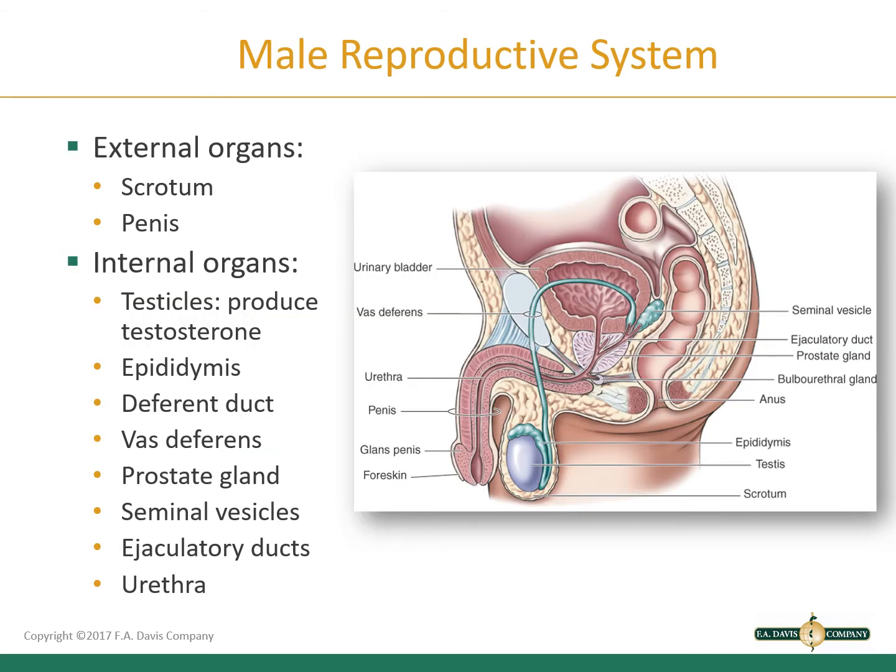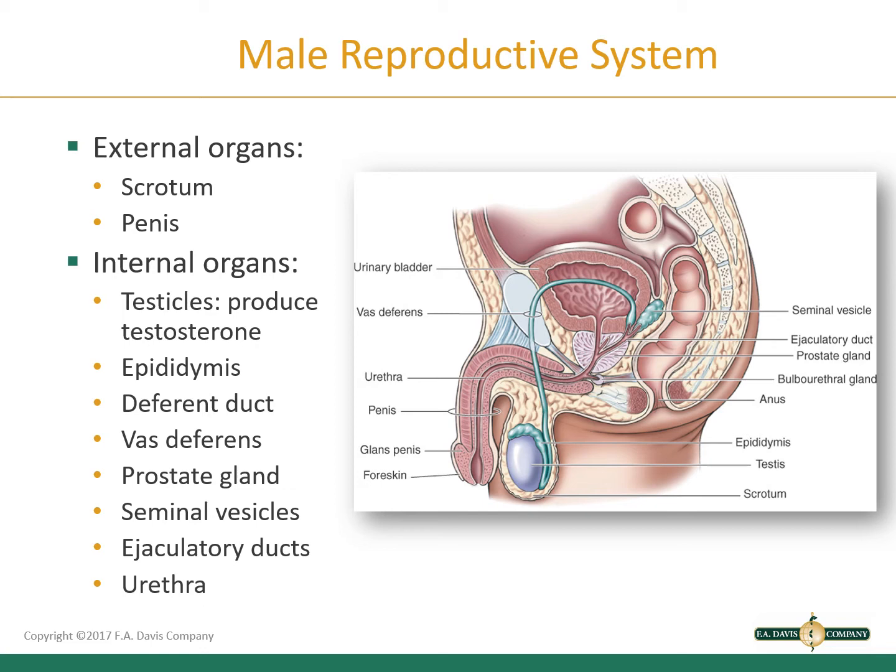The male reproductive system consists of the scrotum, penis, and testicles in which the sperm are produced. External organs include the scrotum, which is made of 2 sacs separated by a septum. Within each sac are the testicle, the epididymis, and the beginning of the spermatic cord. The penis contains cavernous tissue.